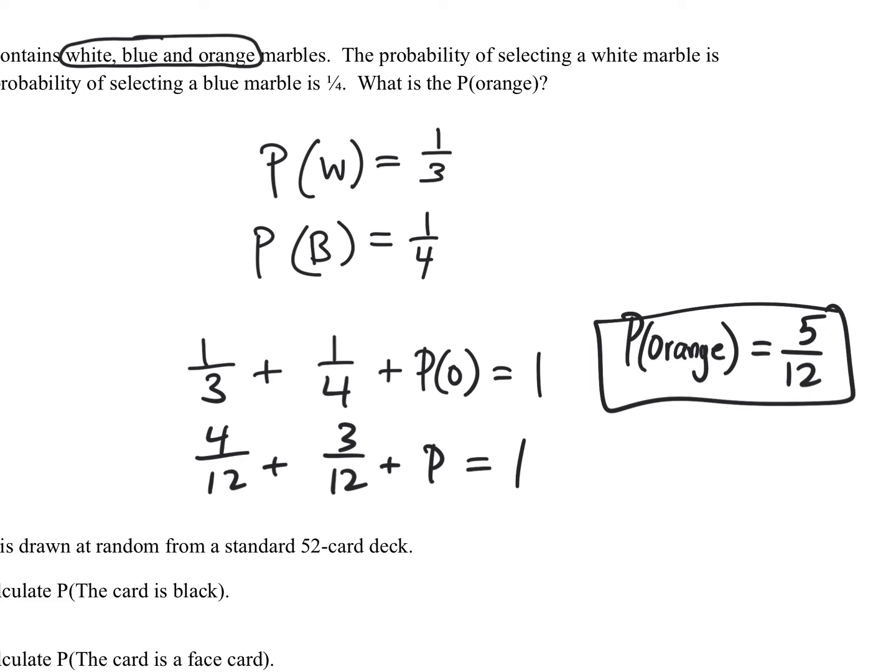We know that there are 3 different events, all of whose probability will add up to 1. To find the probability of orange, we simply subtract the probability of the other 2 options happening.